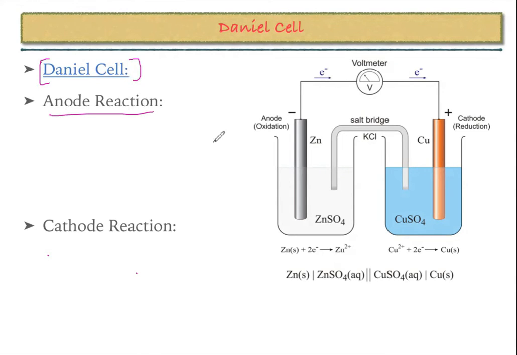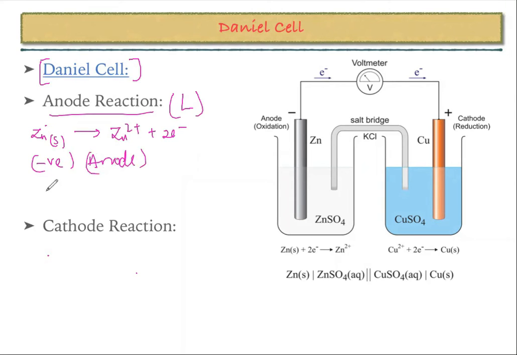Anode reaction: now tell me where the anode reaction will take place. It will take place on the left hand side. So which reaction will take place? Zn solid will release Zn2+ and 2 electrons, okay? It is present on the left hand side and the charge is negative, it is the anode.